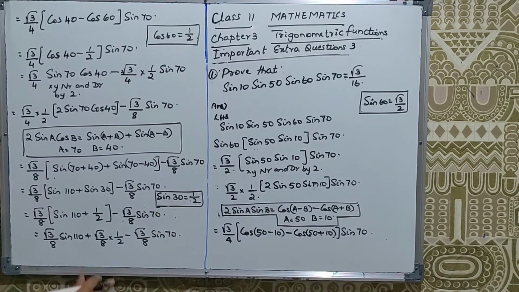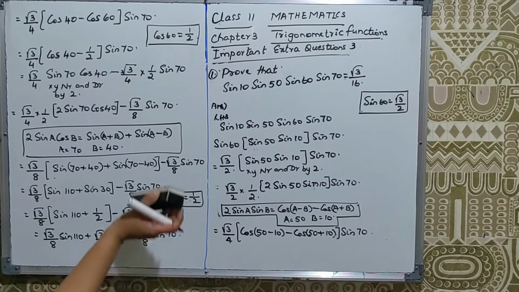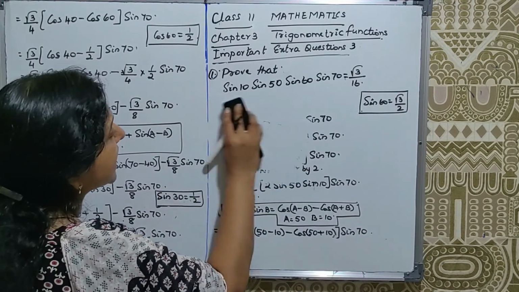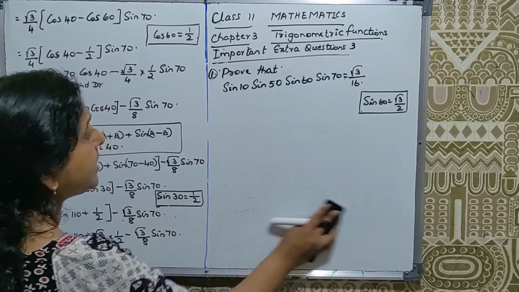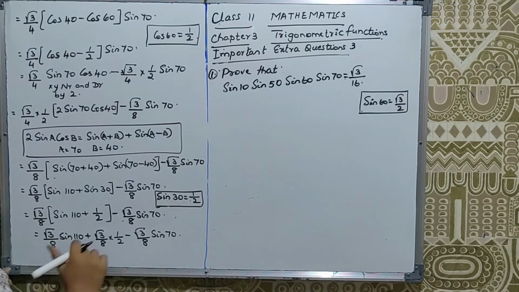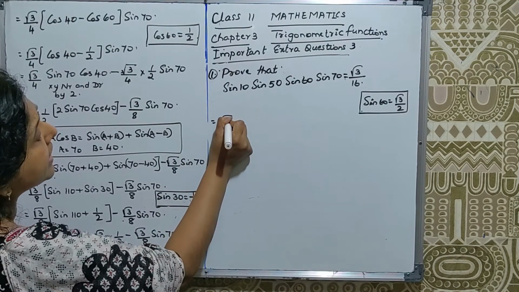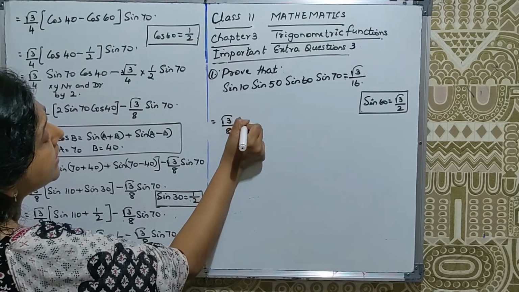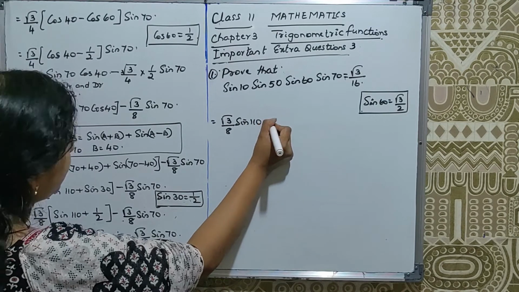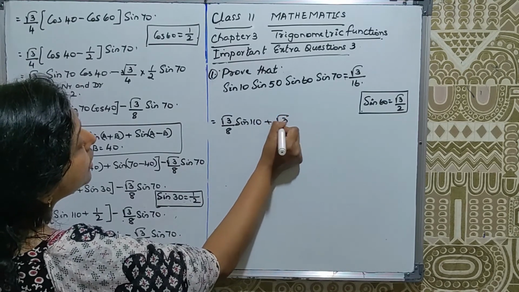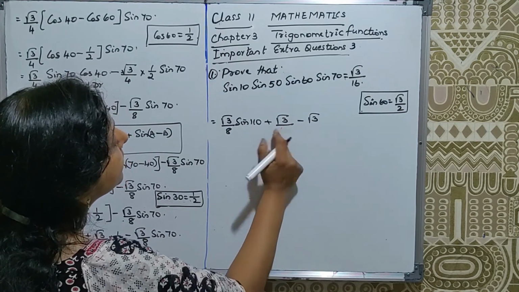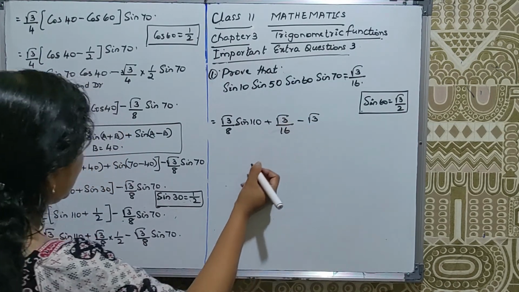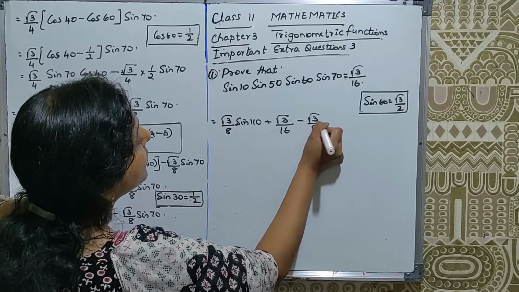Root 3 by 8 times half, 8 twos are 16. So it will be root 3 by 8 into sin 110 plus root 3 by 16 minus root 3 by 8 into sin 70.